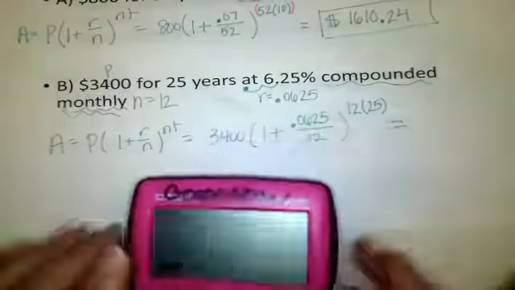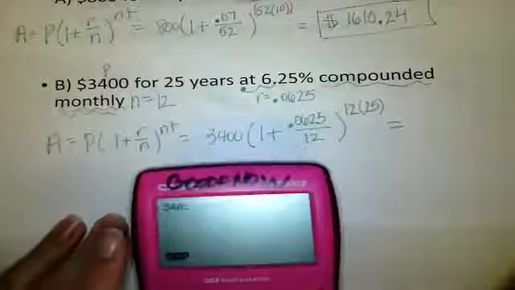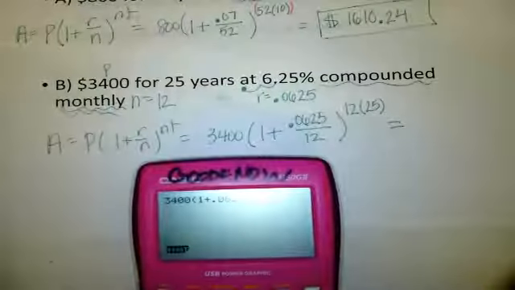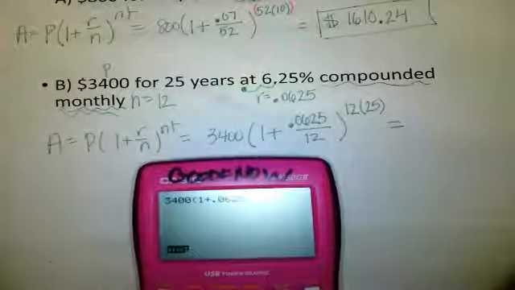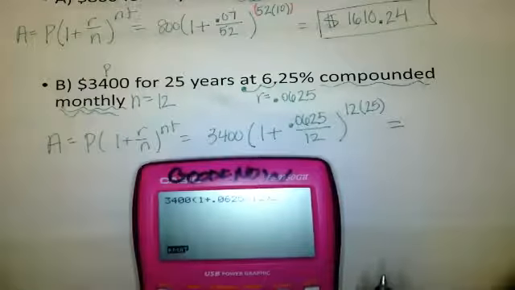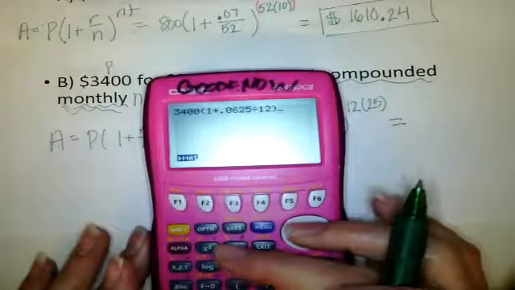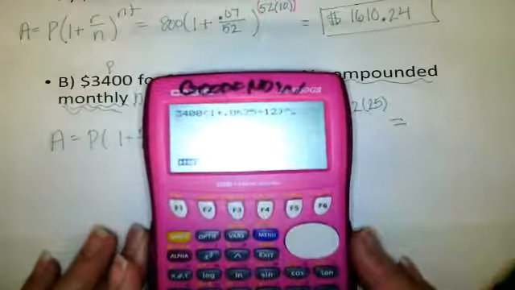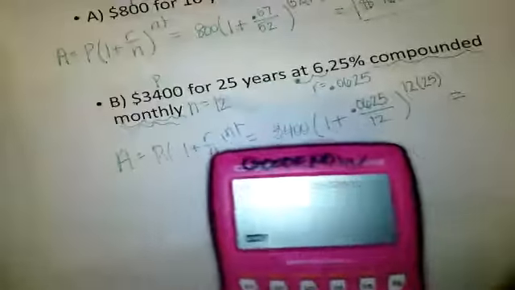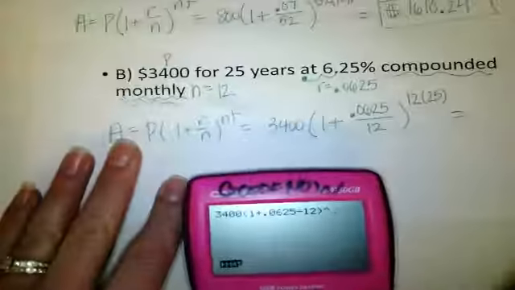All right, so on the Casio, 3,400 quantity, 1 plus 0.0625 divided by 12. Close my parentheses, so that's all the same. I'm going to use the caret button, so that's the little arrow up, the caret there, the caret guy. There, okay.